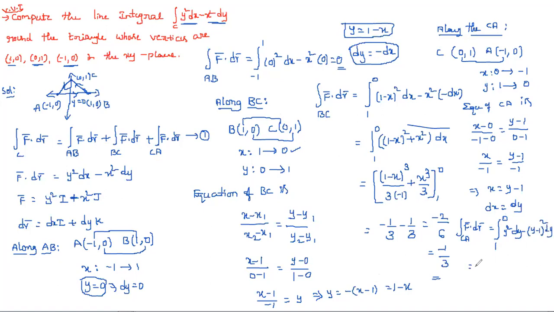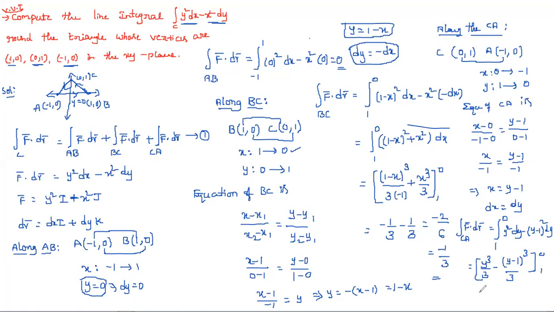So this is the integral from 1 to 0; the integration of y square is y cube by 3, minus the integration of (y minus 1) whole square, which is (y minus 1) whole cube by 3, between the limits 1 to 0.